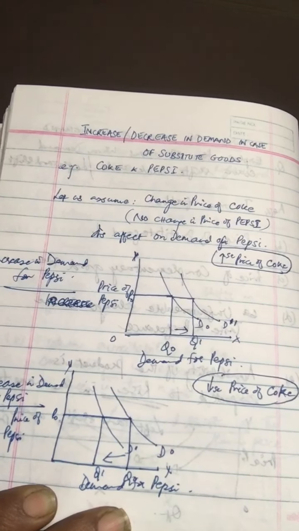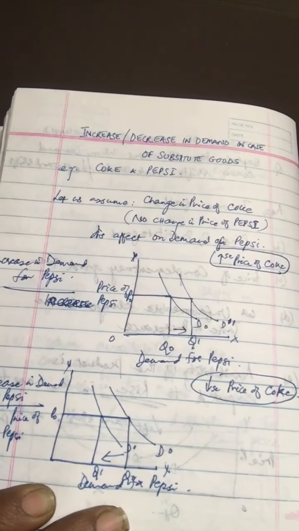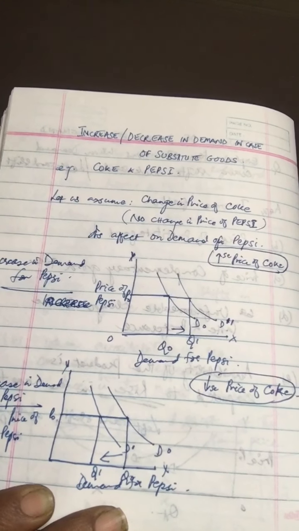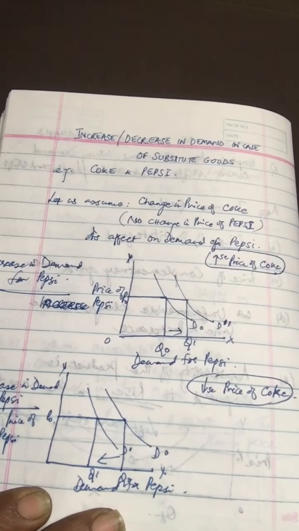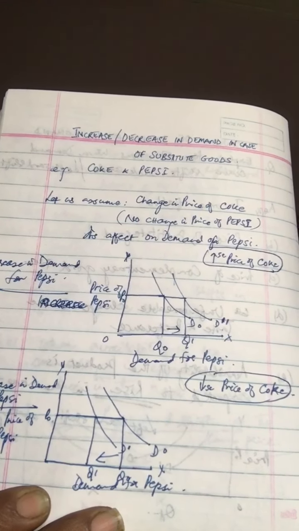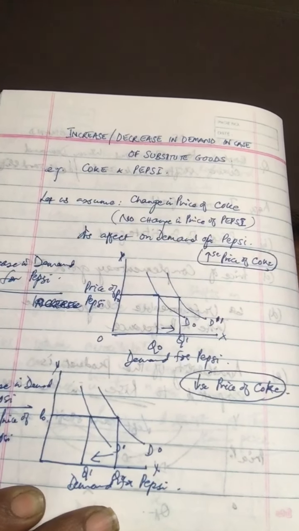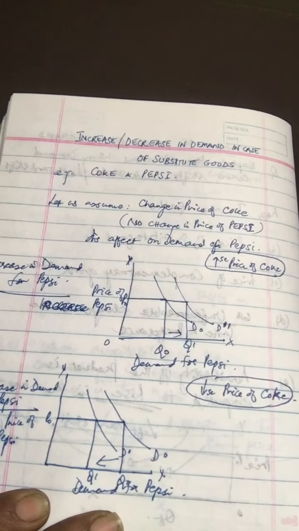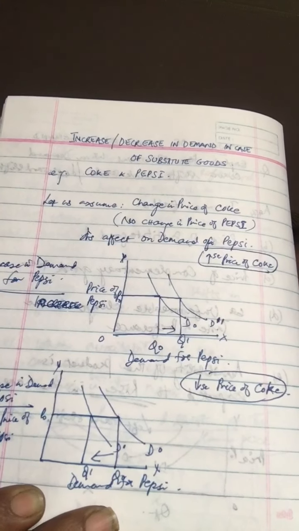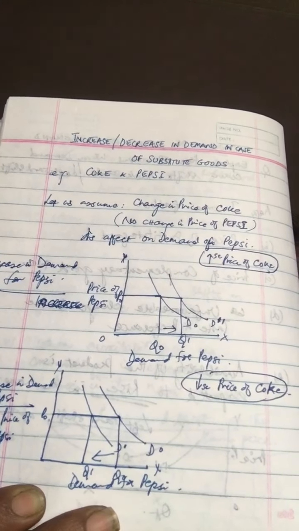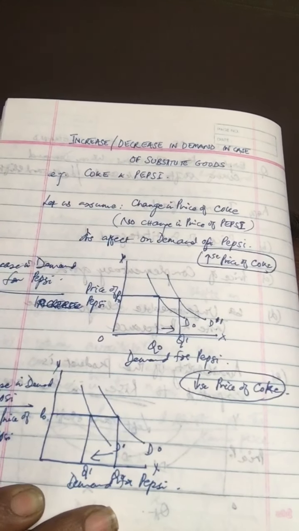Because there has been a rise in the price of Coke, people will come rushing to buy more of Pepsi. So the demand for Pepsi goes on to D1, with quantity Q1, because the price of Pepsi hasn't changed. That leads to an increase in demand. So if the price of a substitute good increases, there'll be an increase in demand for the other substitute good whose price remains the same.